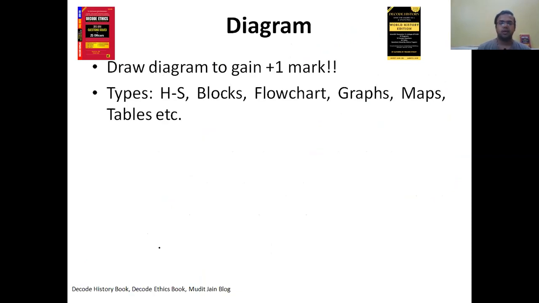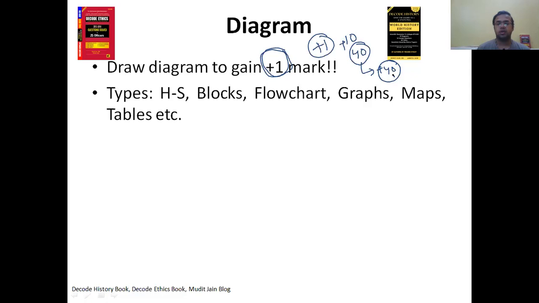Diagrams: I've been telling you this again and again, that if you want to gain +1 mark in every question that you attempt, draw a diagram. It is as simple as that. If you draw a diagram, you gain +1. So if you draw 10 diagrams in one GS paper, you gain +10. If you draw 40 diagrams in 4 GS papers, you get +40.